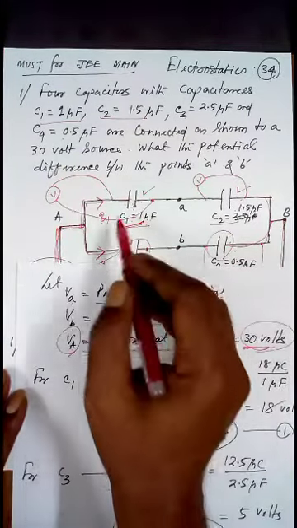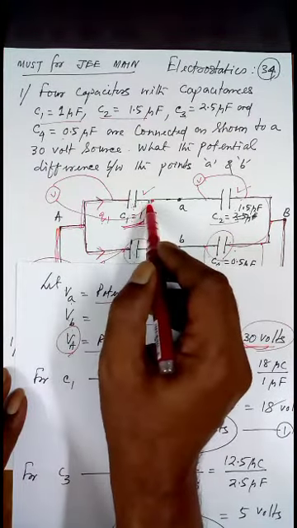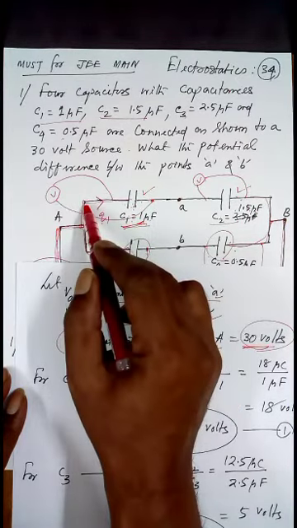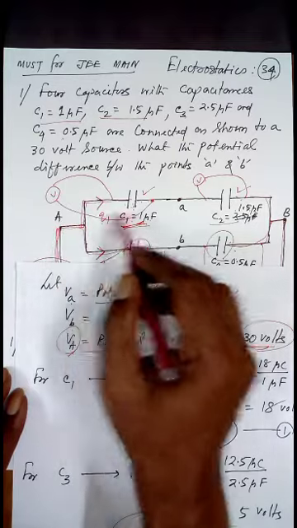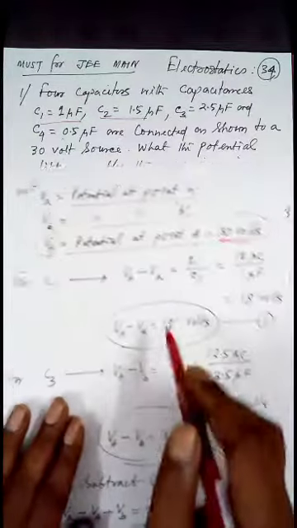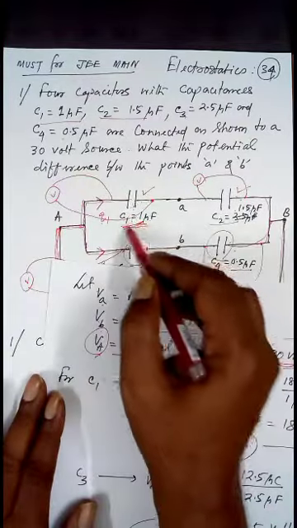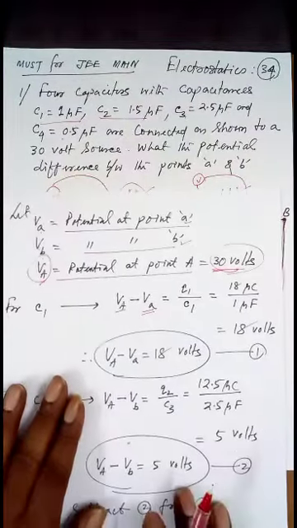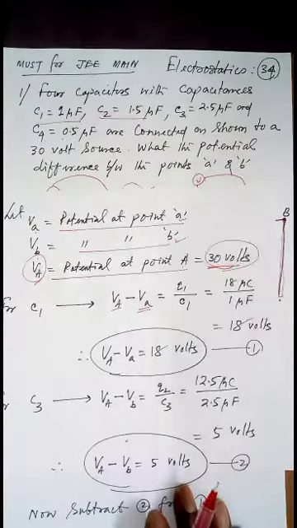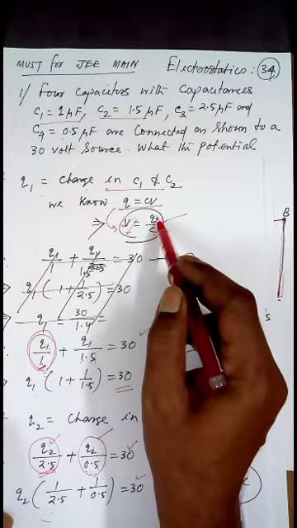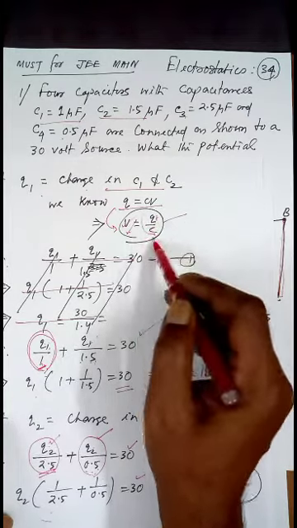So charge is flowing from this side to this side. So this side is at higher potential, this side is at lower potential. So V capital A minus V small a is the potential difference across this capacitor, and potential difference V will be equal to charge flowing through the capacitor divided by its capacitance.